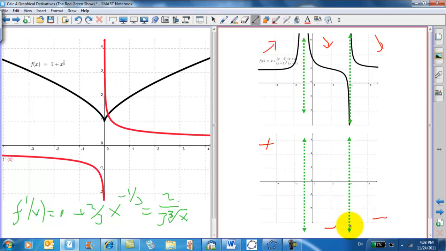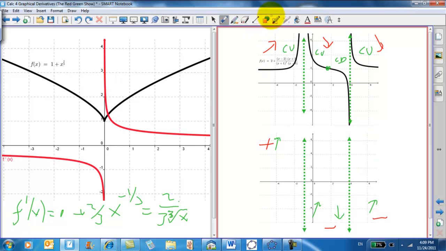Okay? Now we can look at the green part of the show, the concavity. This is concave up in here, so we're going to be increasing. This changes, and somewhere in here we suspect an inflection point. This is concave up, but then it becomes concave down. So we're going to increase and then decrease on the derivative. Here this is concave up again, so we're going to be increasing.